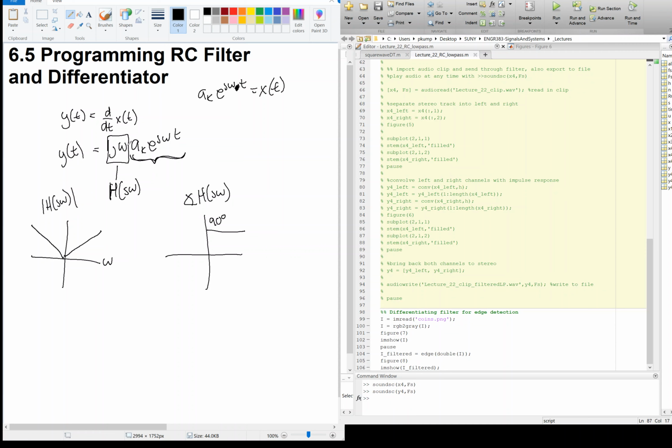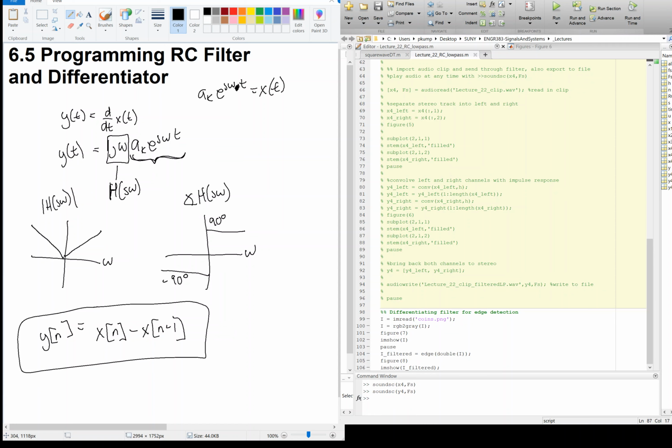And if omega is negative, then I have a negative j, which is negative 90 degrees. So that's the phase response for this guy. So that's a differentiator, and we can discretize it with, of course, there's no derivative in discrete time. We take the first derivative, first difference. So that's our differentiator in discrete time.